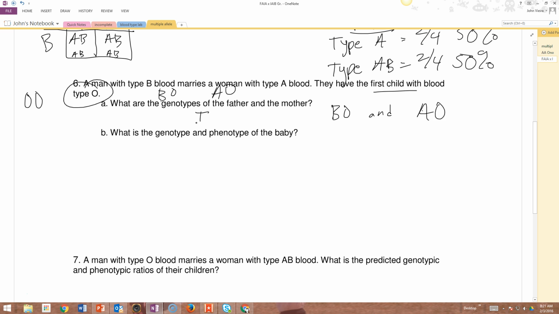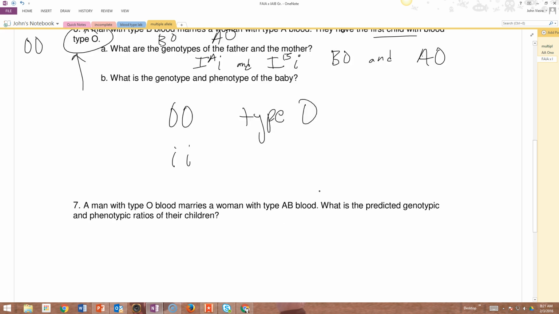You can also write that like this. Oops, not O, but a lowercase i. Another way to write it. What is the genotype and phenotype of the baby? Well, there's only one way to be type O. They already told you that the baby was type O. Another way to write that is 2 lowercase i's.